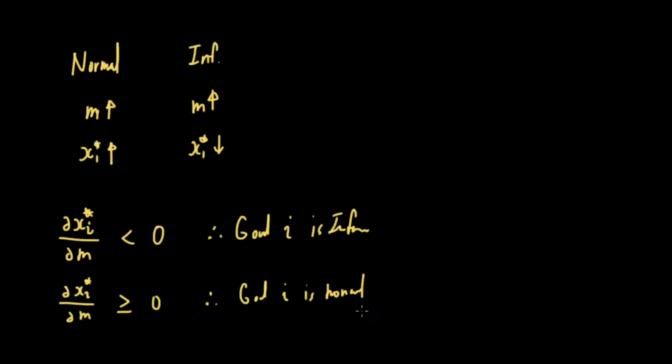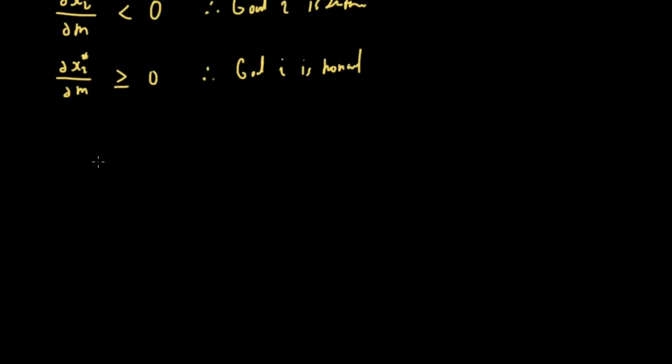Now, there are actually two types of normal goods. The first type of normal good are called luxury goods. And the second type of normal goods are necessities.